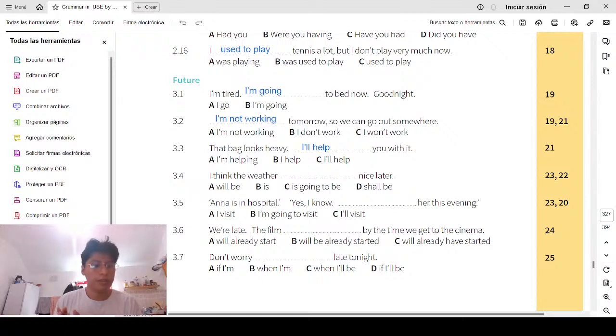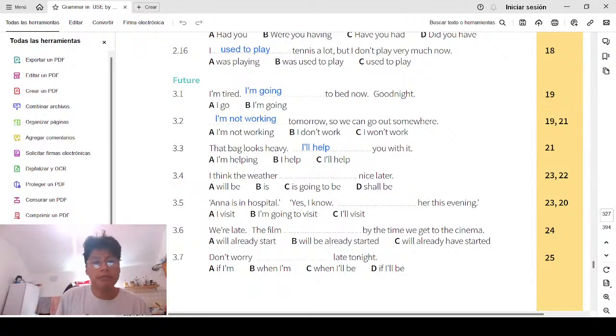I will do it. I will go to that concert because I'm feeling bad, so I wanna enjoy a moment. So check it out. When I say I will go to that concert, it's a decision that you take now. It's a decision that you take in the present, but it's going to happen in the future. But when you use be going to, it's like an arrangement, like a schedule, like you have a plan for the future.